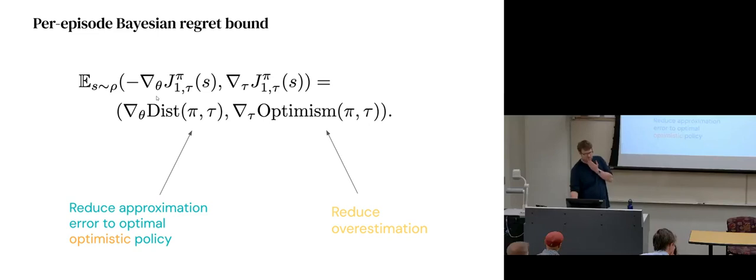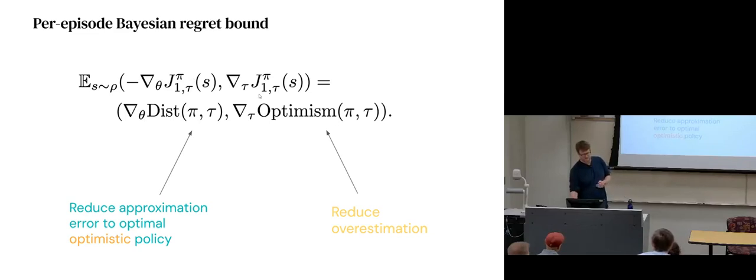If we look specifically at the gradients, let's say we parameterize our policy by some theta, and tau is just a scalar, so we just take the gradient with respect to that scalar. The gradient with respect to theta is just trying to minimize the approximation error.